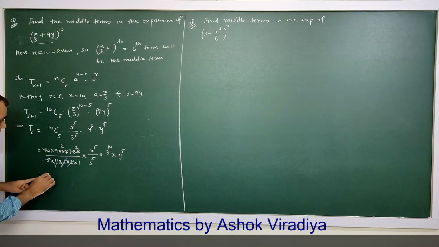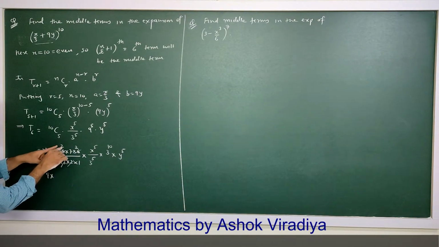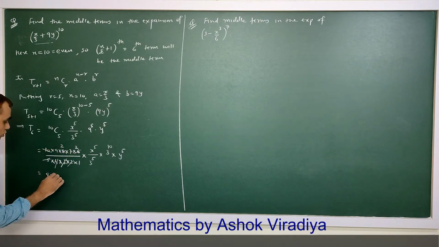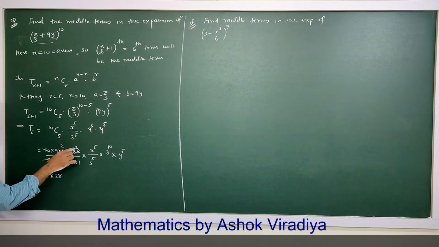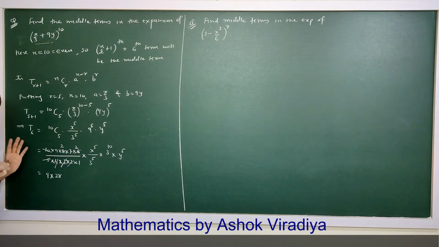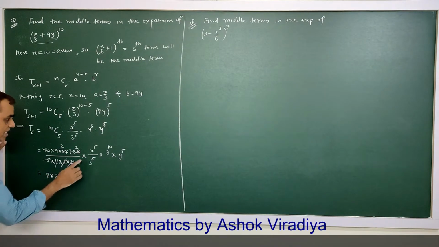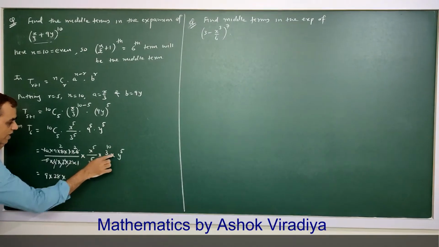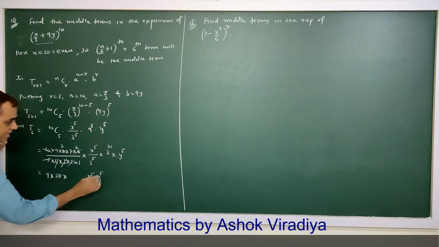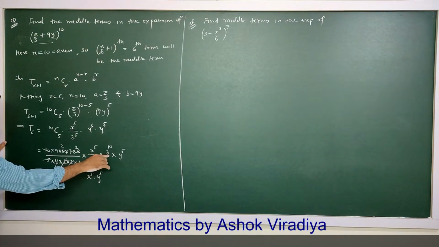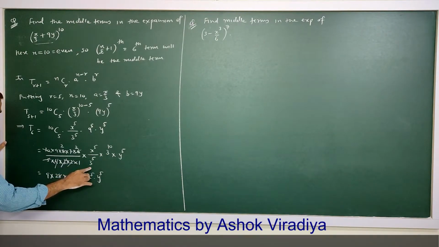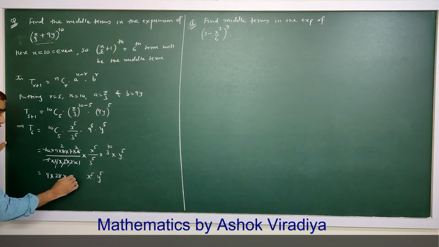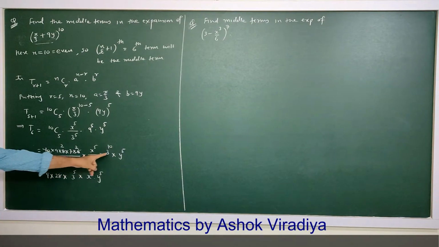See, just we keep as it is 9 into 2 into 7, 14, 14 into 2, 28, 14 into 28 into 9 I keep as it is, into x raised to 5 I keep inside, y raised to 5 I am keeping inside, 3 raised to 10 upon 3 raised to 5, so it will be 3 raised to 5. Here 3 raised to 5 will be left.